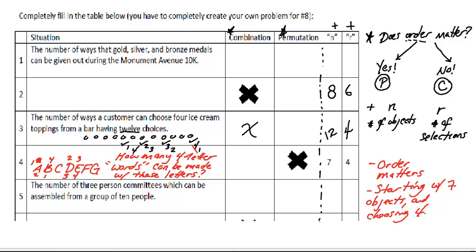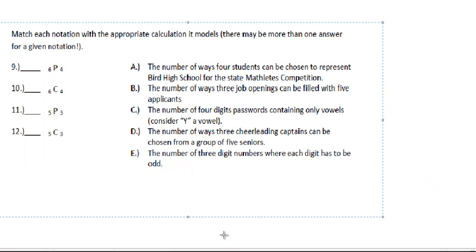All right, I'm going to do one from the second flurry of problems there at the bottom. What we have here is the notation, and what we have to do is match it up with a situation that models that. Now, we can have multiple answers here, so we need to be prepared for that. So let's look at number 9.